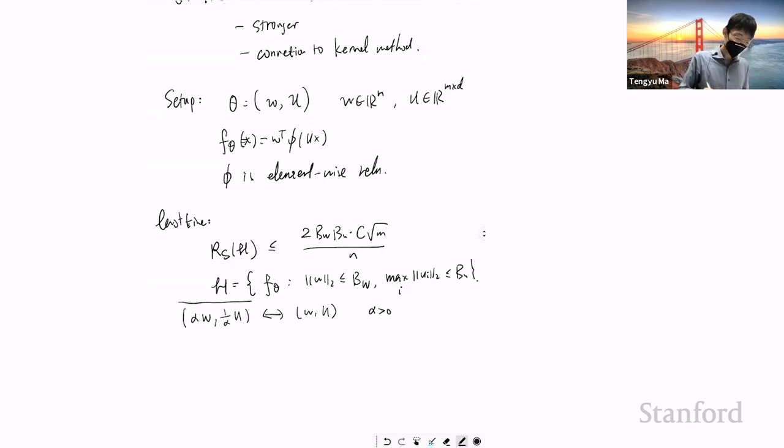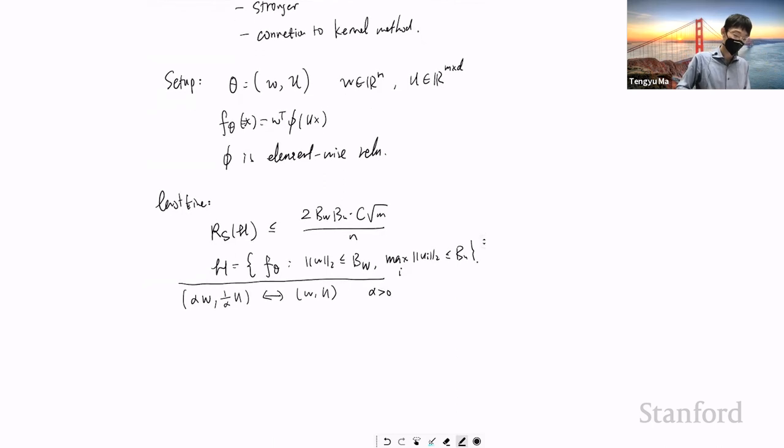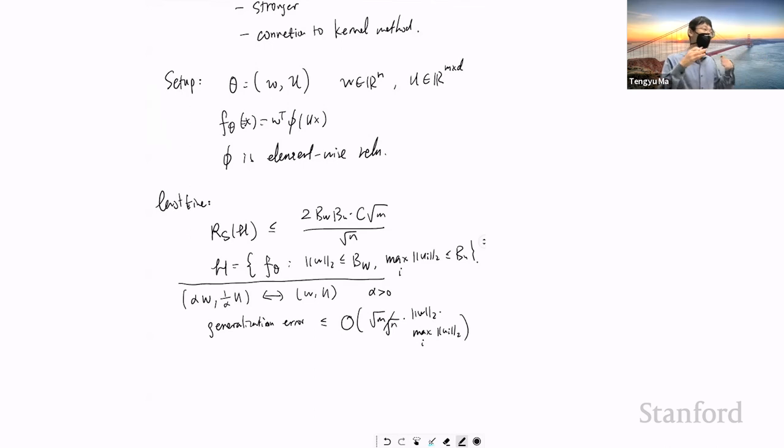So you can also change this bound a little bit and rewrite it: roughly speaking, the generalization error is bounded by O of square root m over square root n times the norm of W times the max over i of the 2 norm of u_i. This is the intuitive way to think about this.